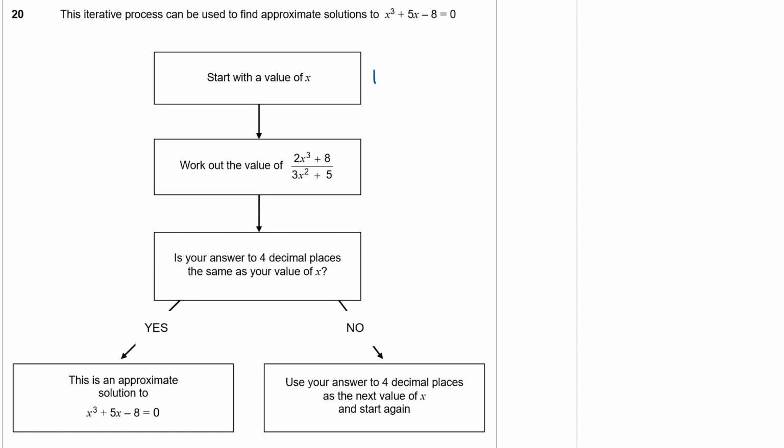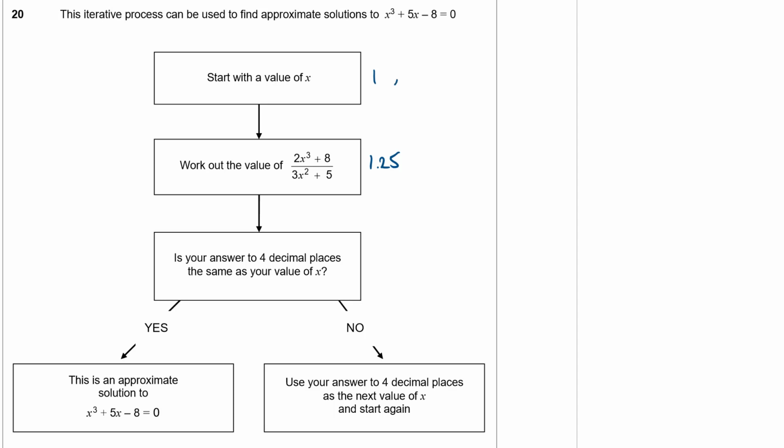So 10 over 8, which is 5 over 4, which is 1.25. Is your answer to 4 decimal places the same as your value for x? No, it's not. So use your answer to 4 decimal places as your next value of x and start again.